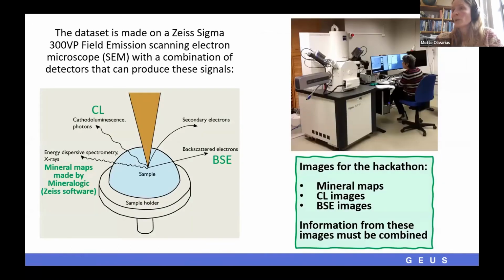Good. So now I'm just gonna go briefly through the hackathon assignment, and then this Friday, Ninke Kolen, she is gonna tell this in much more detail. So we have made this data set on our scanning electron microscope, which has a combination of detectors that can produce these signals seen here.